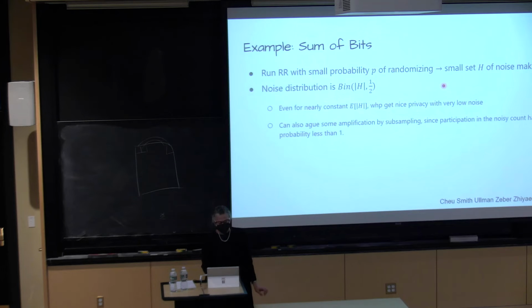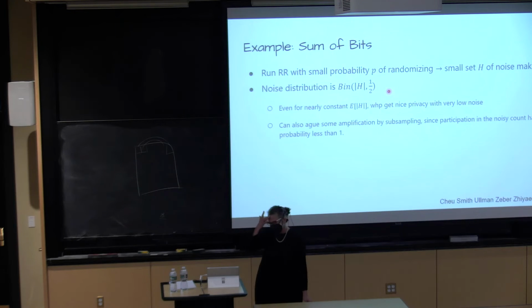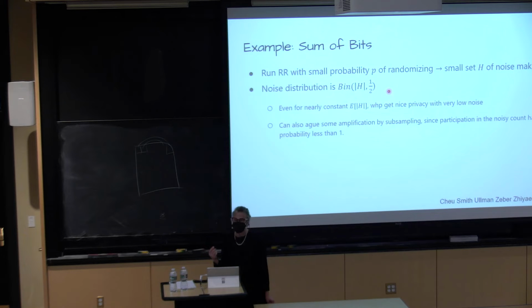Okay, so let H be our set of randomizers. These guys flip coins that have probability a half of coming up heads. So they're creating the noise. When we add up all the answers, their noise is distributed as a binomial on size of H people with probability a half, right?